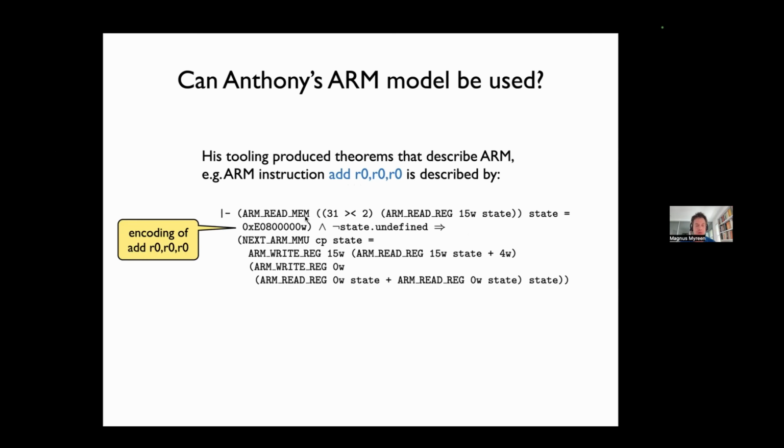If you read memory at the program counter in this state, and you get that out, and your state was well defined to start with, and by the way, this hex here is the encoding of that instruction, then the next state according to ARM is that the program counter is updated with +4 from its original value, and register 0 gets the value of register 0 plus its value.